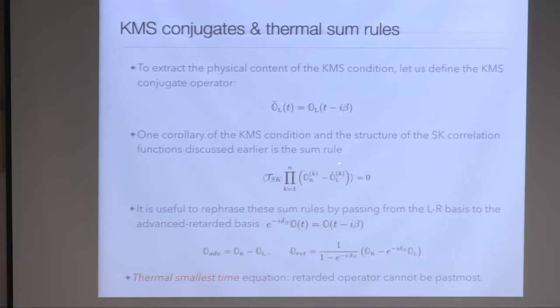Not only are all correlation functions of such retarded operators 0, but it also follows that you can't have a retarded operator in the far past. You can't have it next to the density matrix, because then you can try to move it back through the density matrix and you get 0. Okay?